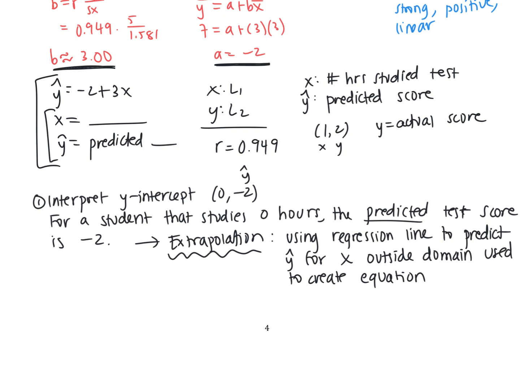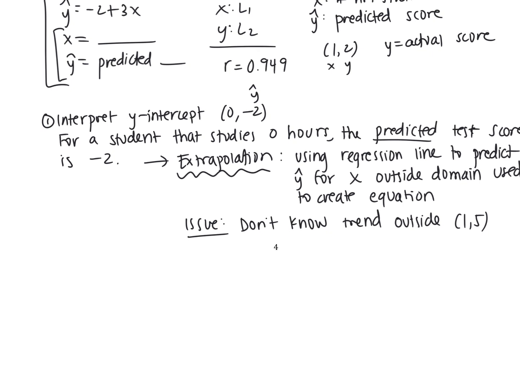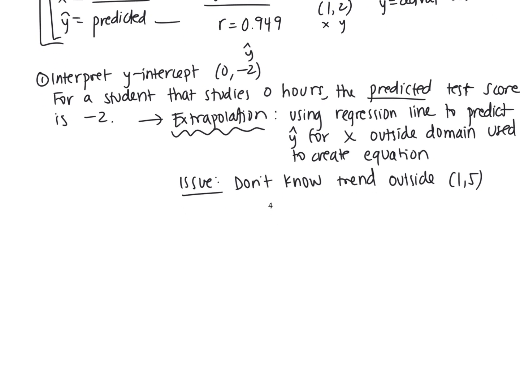So our equation is only appropriate for x values between 1 and 5. The issue with extrapolation is that we don't know the trend outside 1 to 5 for our example. So we don't know, is our line still the best fit for the data outside 1 to 5? Maybe yes, maybe no.